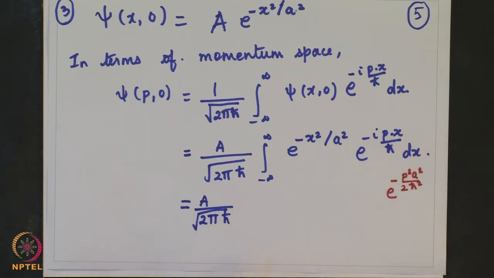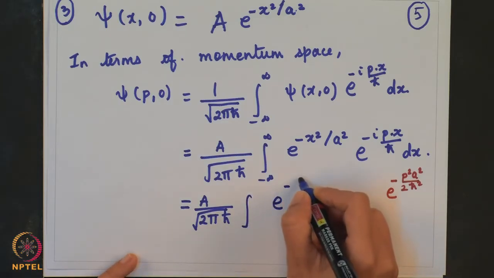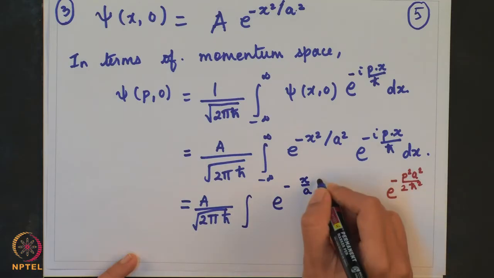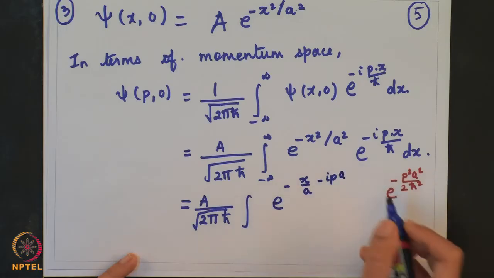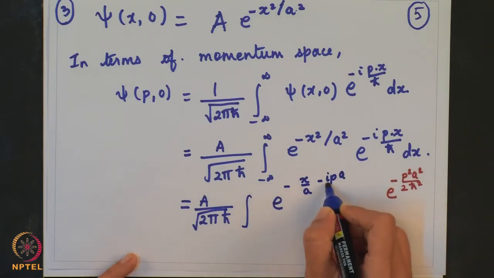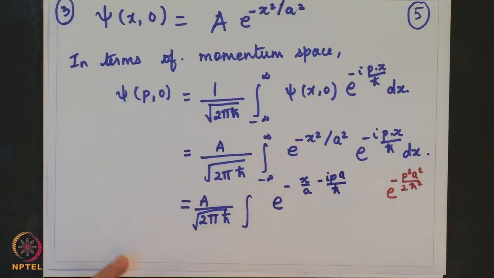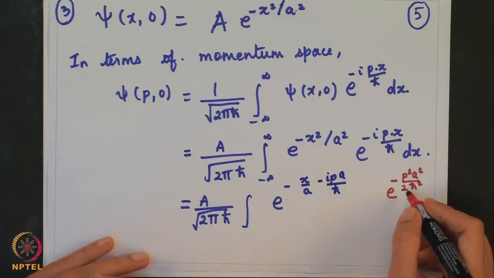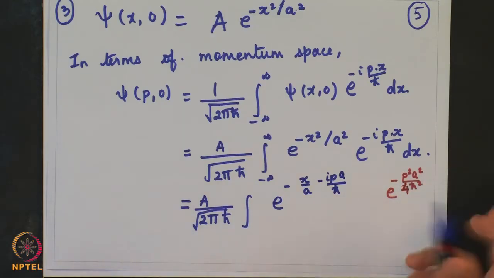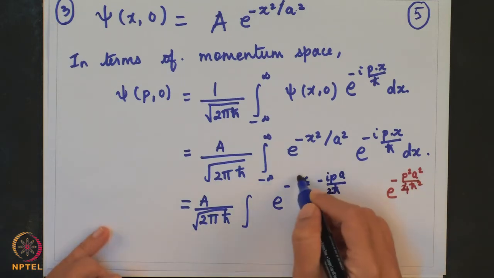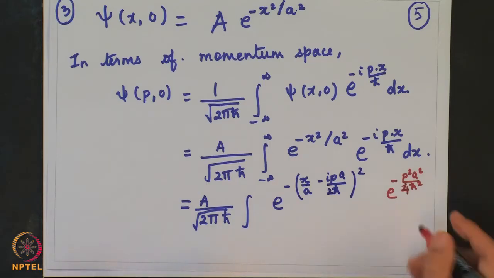So, you will write this as x by a minus I p a upon h cross. I will have a factor of 4, when I am squaring, 2 becomes 4. This is what I have, and then I have a dx.